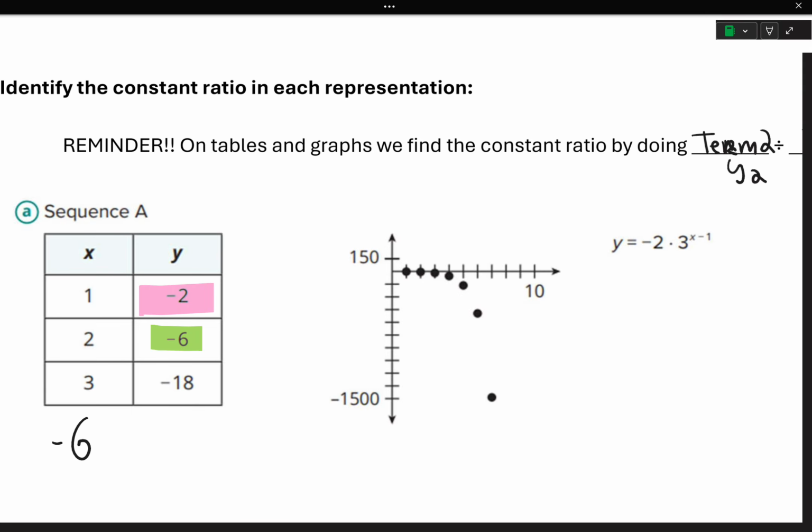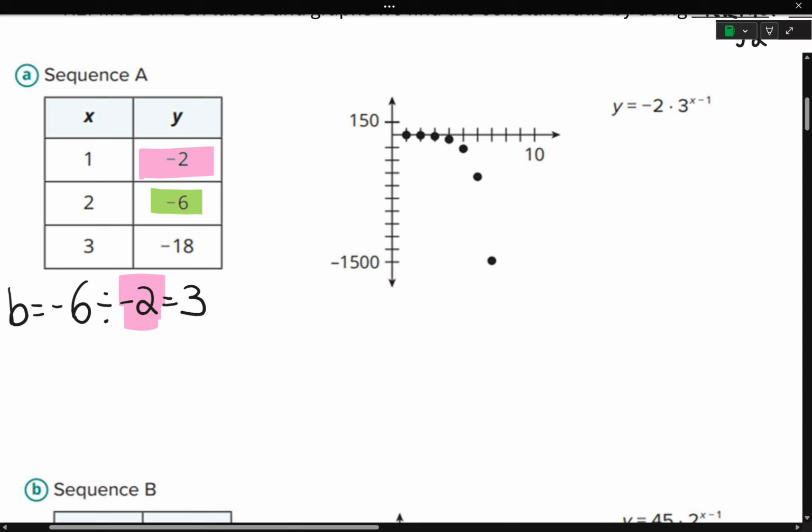So we'll do -6 divided by -2, and our constant ratio, the b term, is 3. It means the pattern here is multiplying by 3. And, you know, that works. -2 times 3 is -6 times 3 is -18.